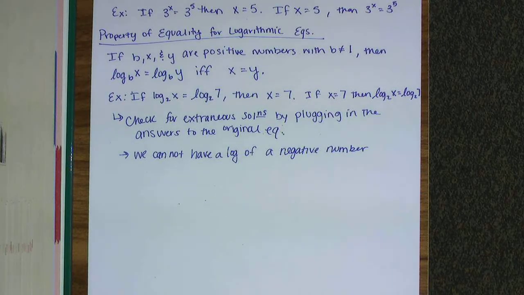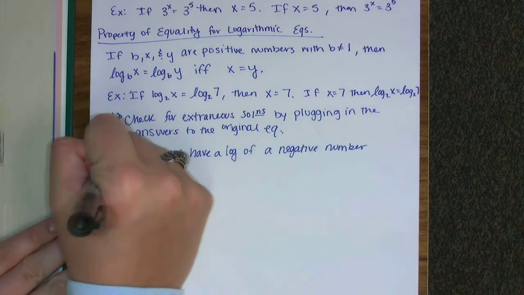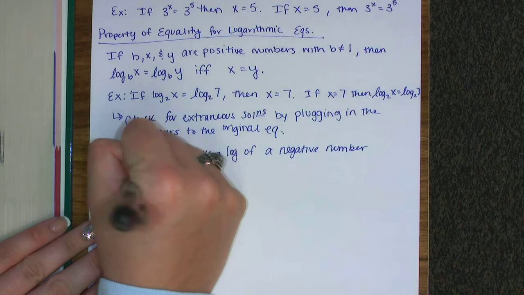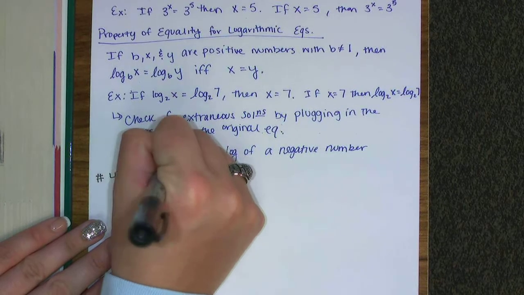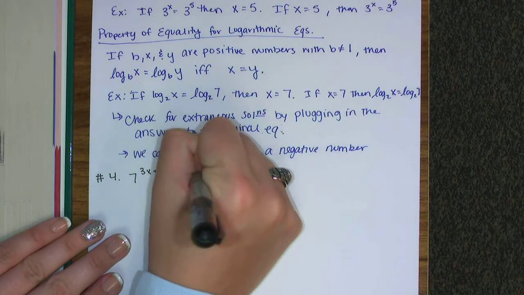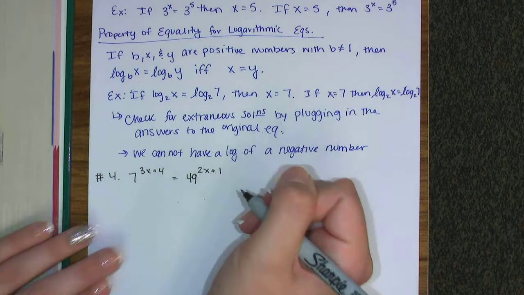Let's just go ahead and start with 4. Alright, 7 to the 3x plus 4 is equal to 49 to the 2x plus 1.